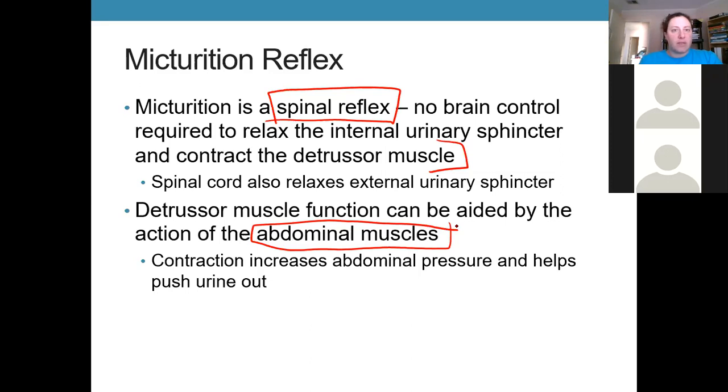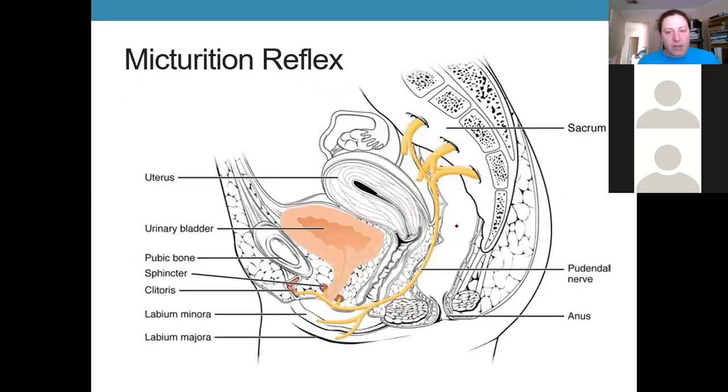You want it out as fast as possible. You can consciously push. All right, so that's micturition. The nerves come out down here from your sacral spinal nerves, and that's showing you the innervation to your external urinary sphincter.